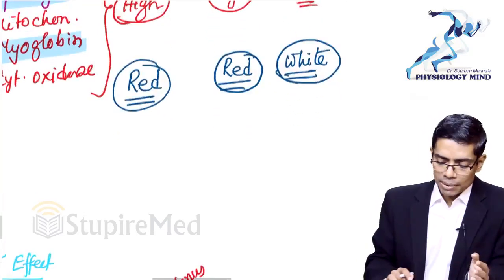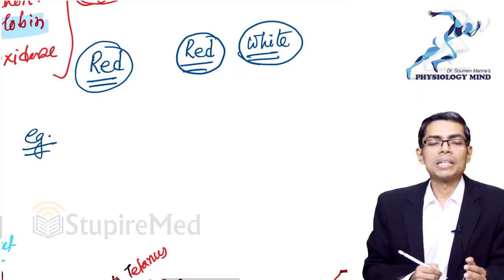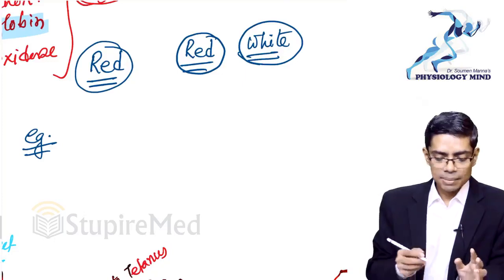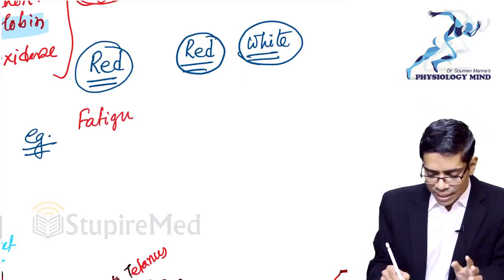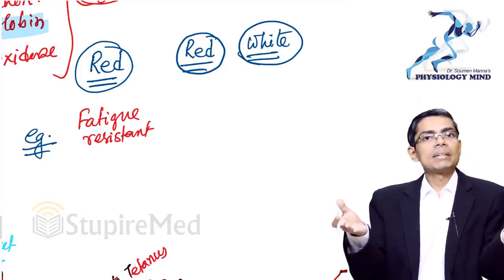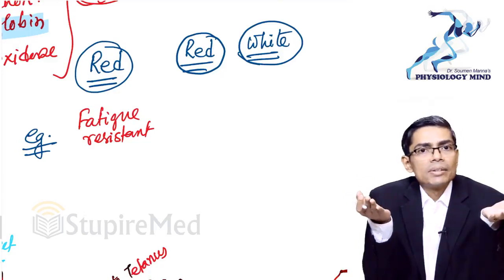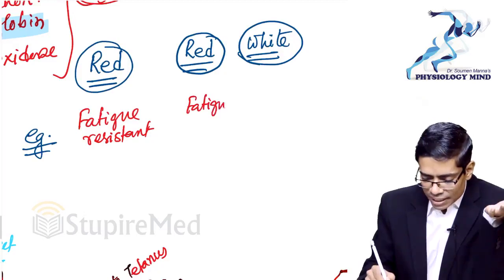Now what are examples of white muscle or red muscle? Red muscles are fatigue resistant muscles. Please remember, these muscles are fatigue resistant. Why? Because the metabolism is oxidative type, with a huge amount of capillaries. Why would the muscle fatigue? No. Similarly here, this is also fatigue resistant muscle.